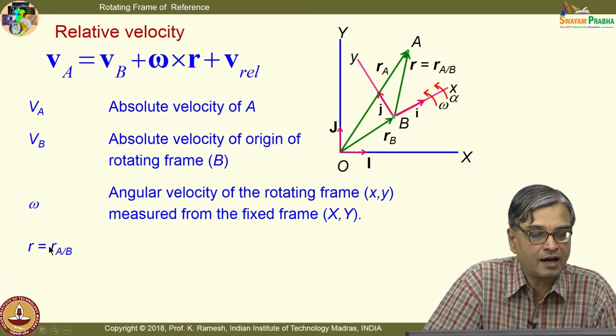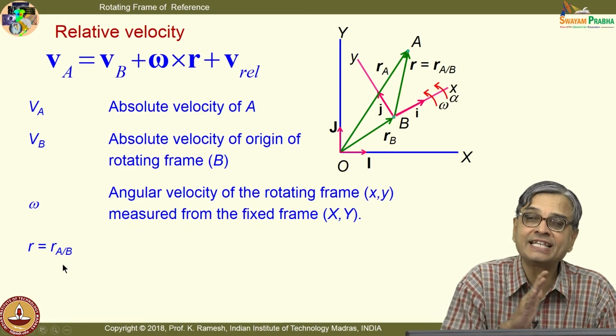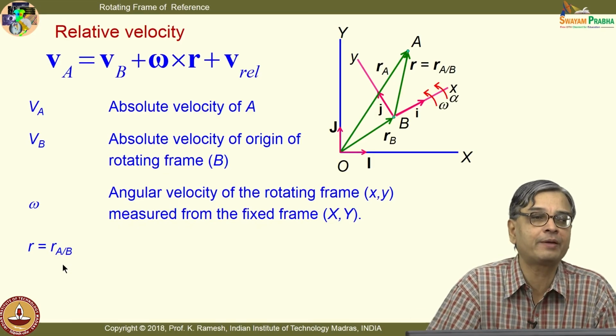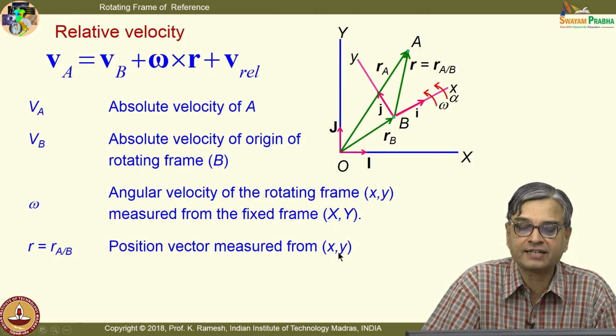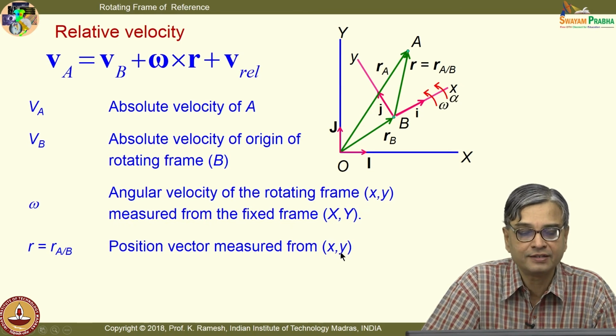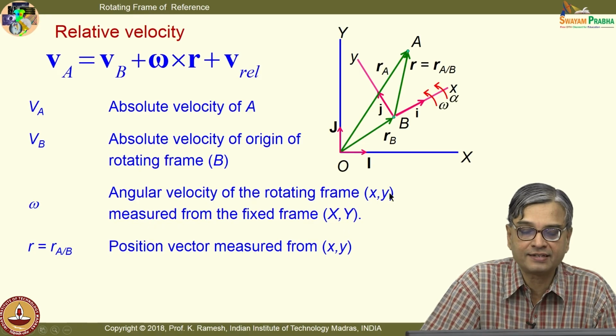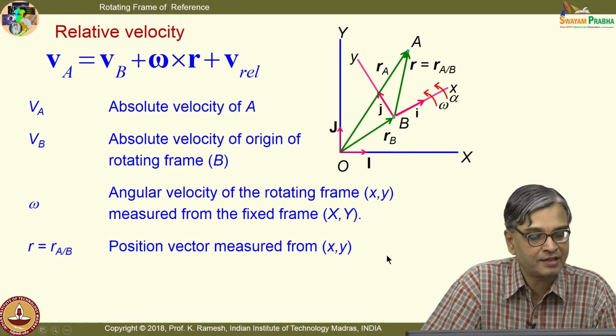And what is r? r is the position vector of the point seen in the rotating frame of reference, measured from x, y. You should know that this is small x, y. In some slides I have changed the font for you to easily write, because I am using PowerPoint slides. I could show a distinction between a small x, y and capital X, Y. They appear very similar. Okay.